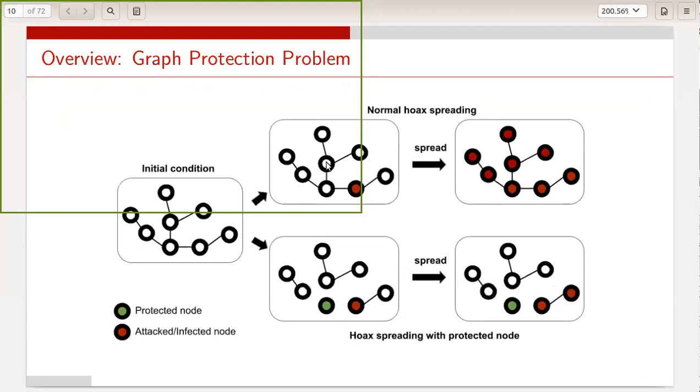This node has 3 connections, 1, 2, 3, so this node has degree 3. This node has degree 1, and this node has degree 1 as well, and so on. So we can calculate the degree of all the nodes. That is the degree value of each node.